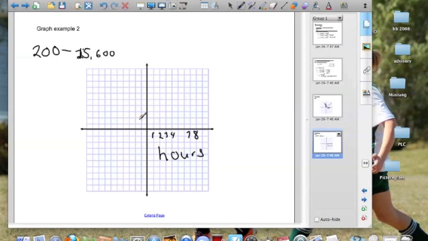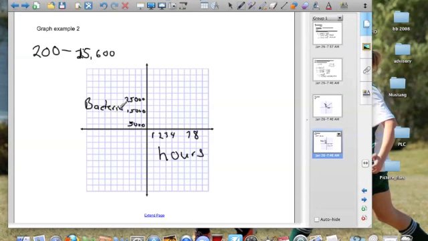So how do we want to do this? We can't go by 100s. We're going to have to go by 5,000s as we make this graph. So we'll say this is 5,000, and this would be 10,000. Then we'll go to 15,000, then 20,000, and this would be 25,000. Then we'll just stop right there. And again, this is bacteria.